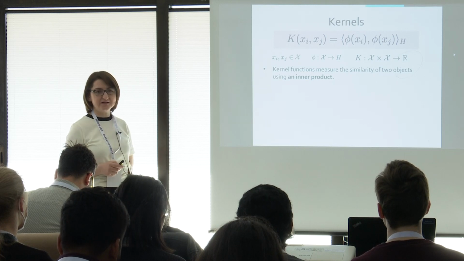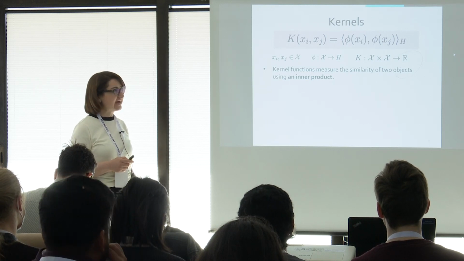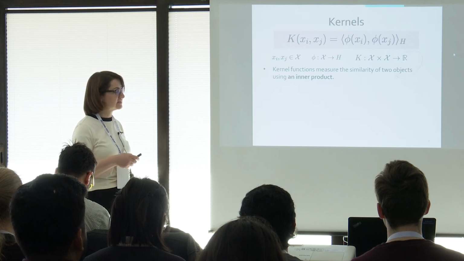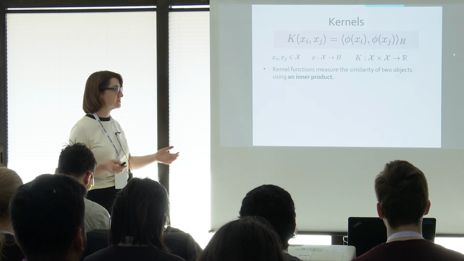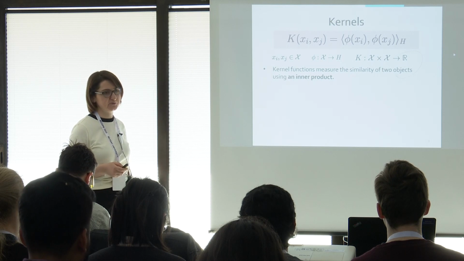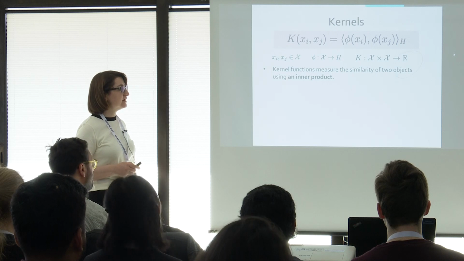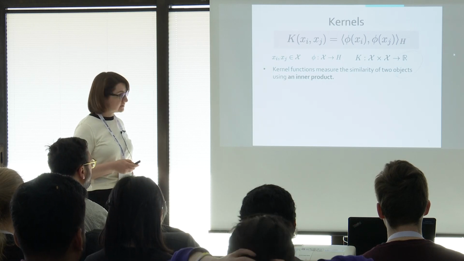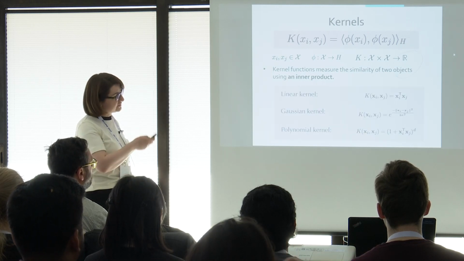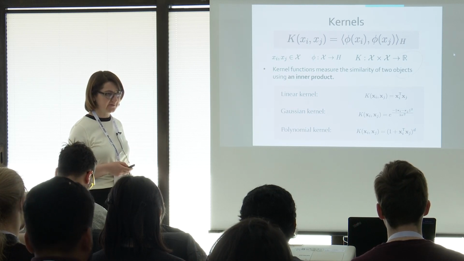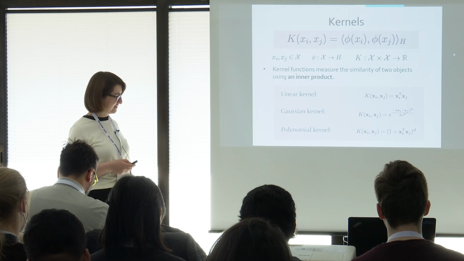So, basic machine learning 101: kernel functions are special functions that measure the similarity of two objects using an inner product. I'm not going to get into the technical details, but the nice thing about them, the most familiar ones, if you have ever run SVM, people call SVMs now ancient tools, which makes me a little sad.